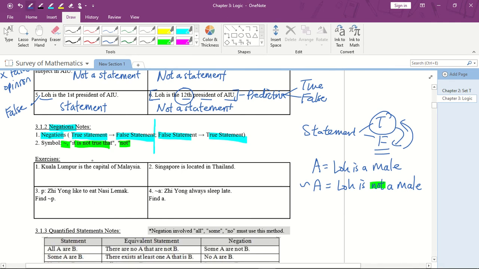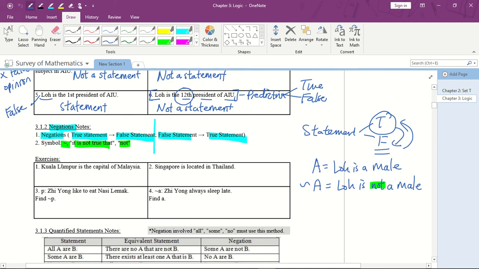Kuala Lumpur is the capital of Malaysia. Again, we don't need to know whether it is a true statement or a false statement. We just need to change it. Here it says Kuala Lumpur is the capital of Malaysia.